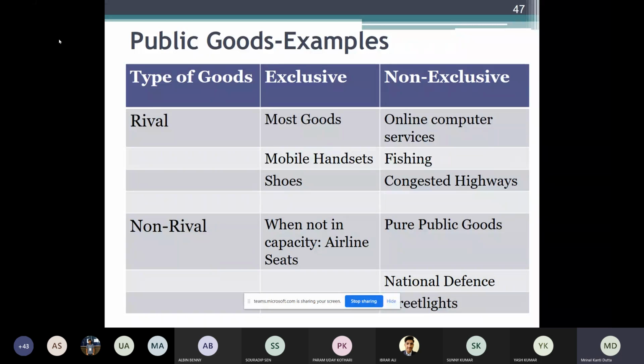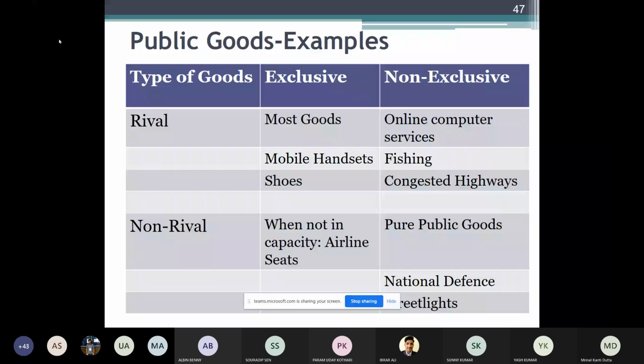Similarly, the pair of shoes that you might be having will have the same characteristics. It will be rival in consumption. At the same time, it will be exclusive as well. Now, other examples: fishing in a pond, maybe a wetland, or maybe a lake. When you go for fishing, suppose anybody and everybody is allowed to go for fishing.